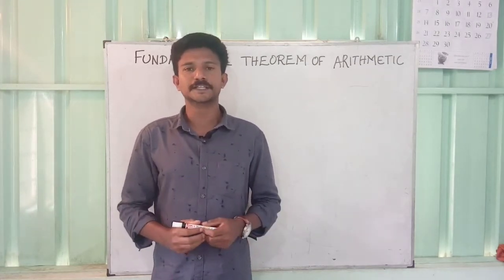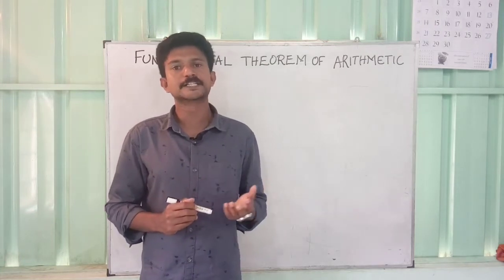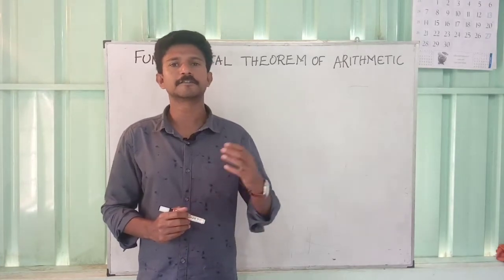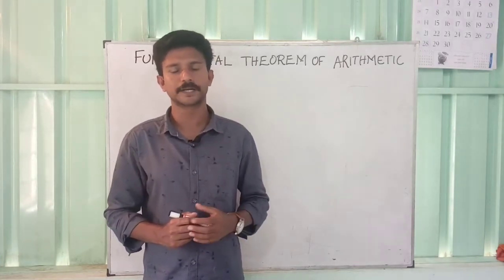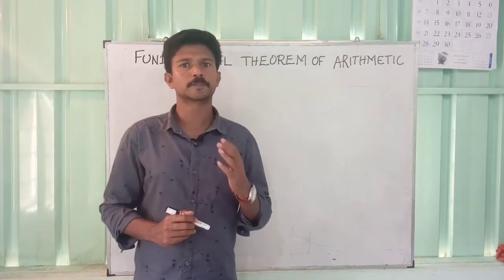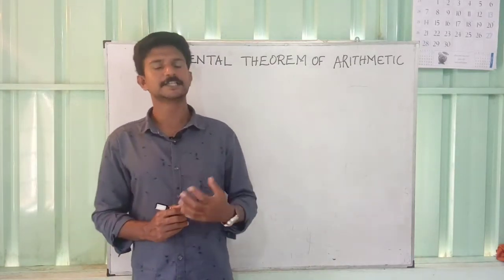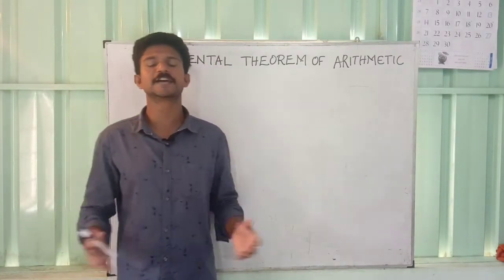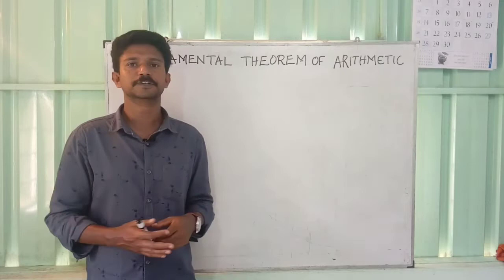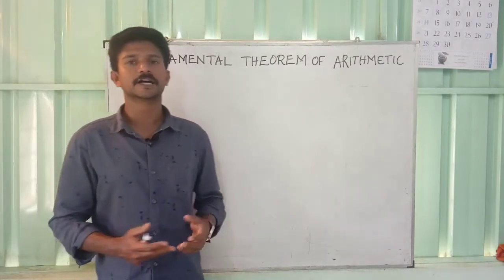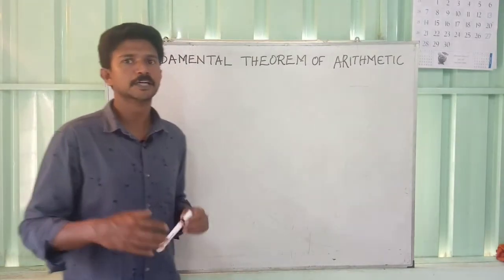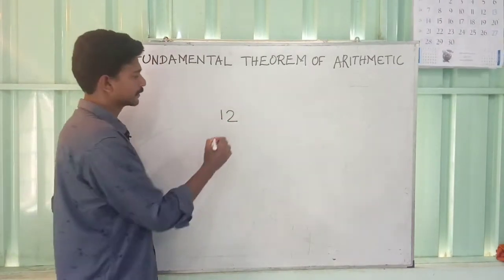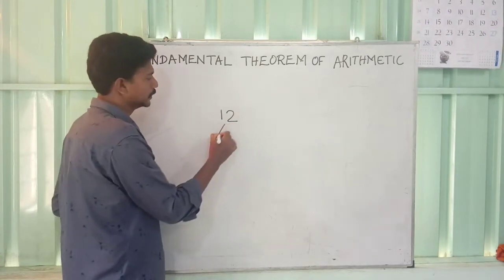Every positive integer is either a prime number or we can write it as a product of prime numbers. What is a product of prime numbers? Let us take a composite number, our previous example 12, and analyze whether we can write it as a product of primes.